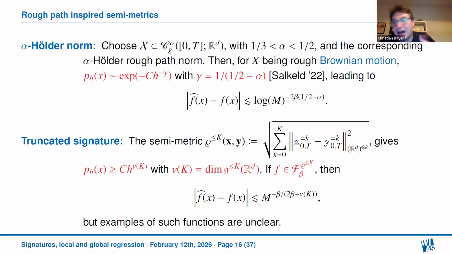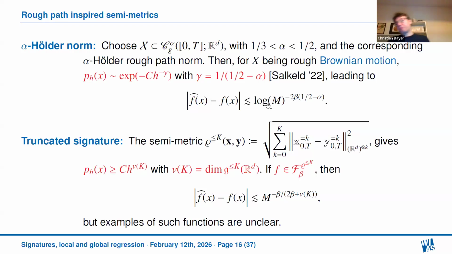It's like repeating the example of the fractional Brownian motion, but the important difference, and I'm talking to the experts now, is that this is really the rough path metric, not the standard alpha Hölder norm. Then William Salkeld, a couple of years ago, computed the small ball probabilities for the lifted Brownian motion in the rough path sense, and you get exactly this logarithmic behavior.